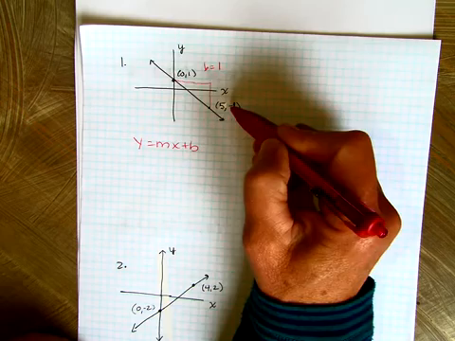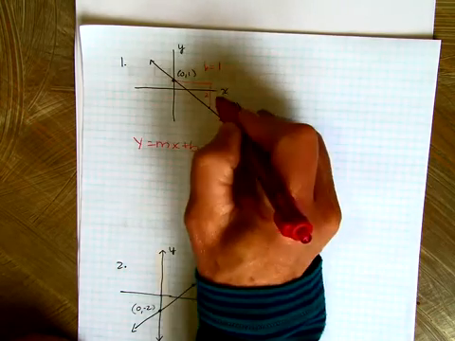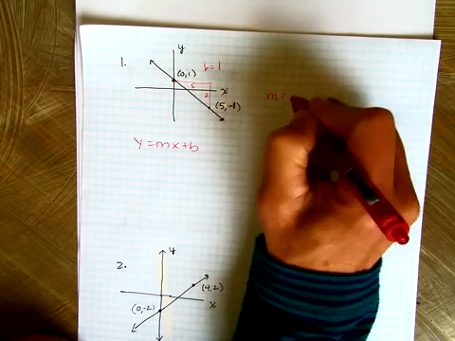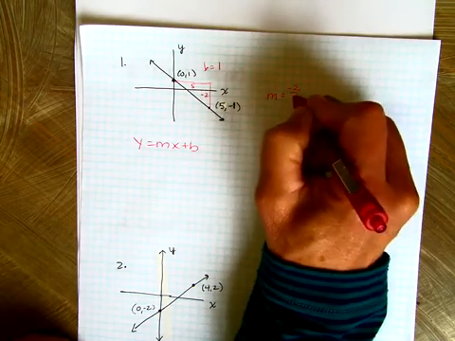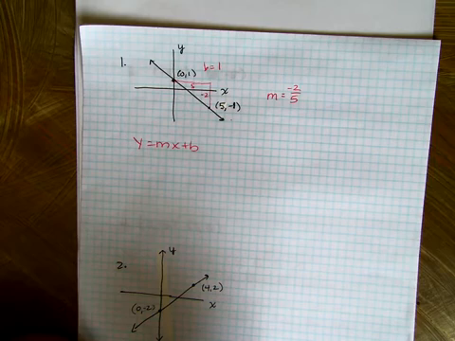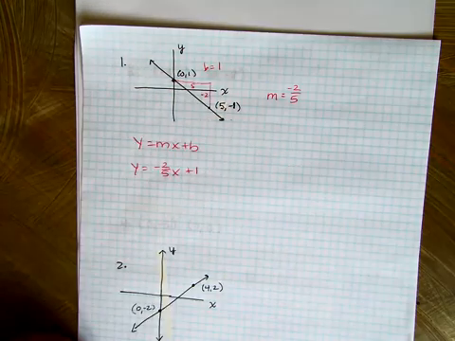You can sort of look at it. -1 to 1 would be a rise of 2, and 0 to 5 would be a run of 5. So my slope is, well, this is down, right? So -2 over 5. So y equals -2 over 5x plus 1.